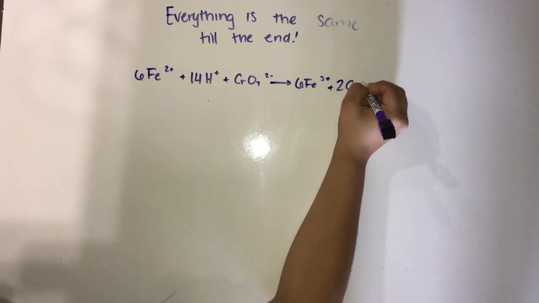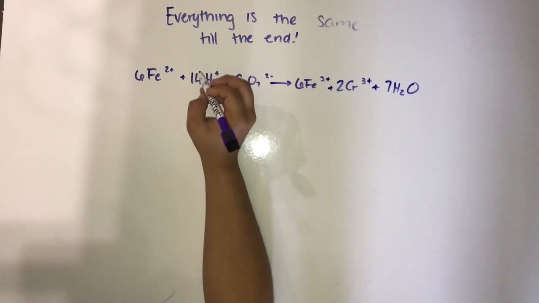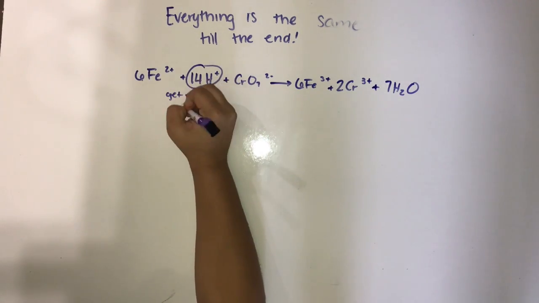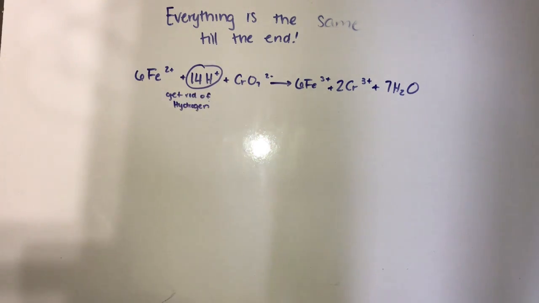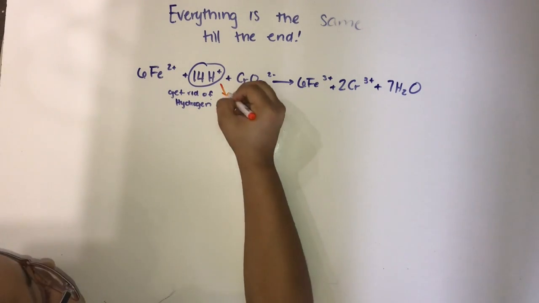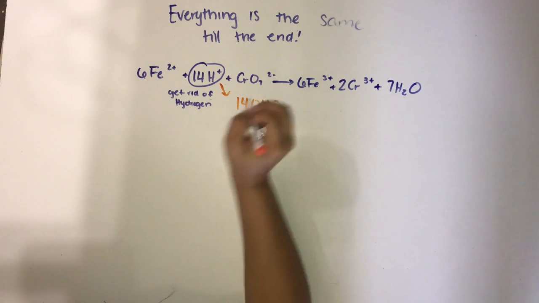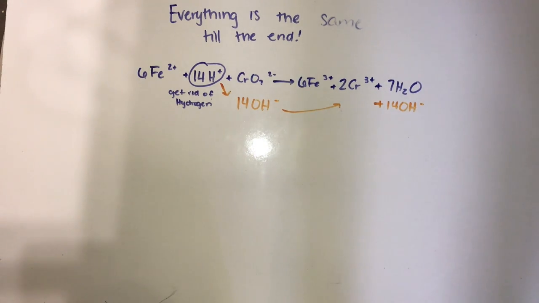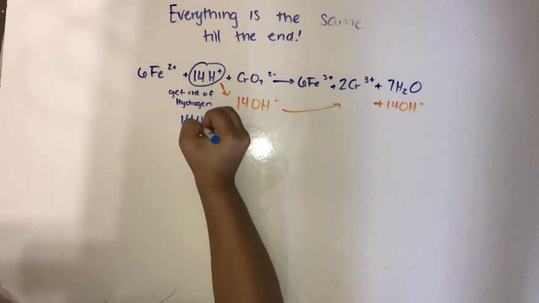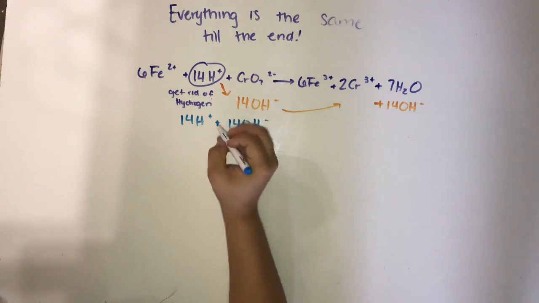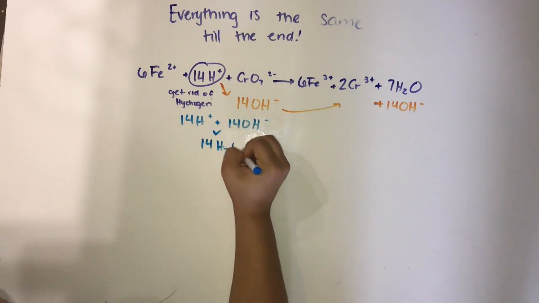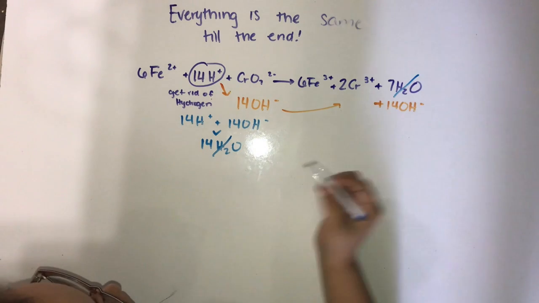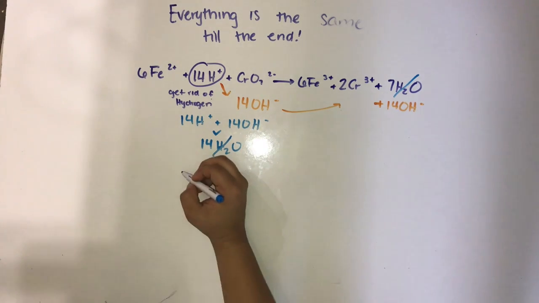So right now we are rewriting the equation where we added the hydrogens. So you would add 14OH- to the reactant side to make it 14H2O, and then 14OH- to the product side to make it 7H2O plus 14OH-. You would then cross out the 7H2O on both sides to be left with 7H2O on the reactant side.